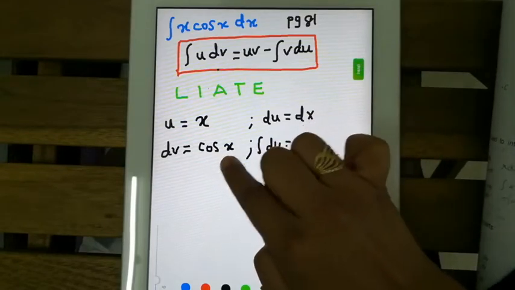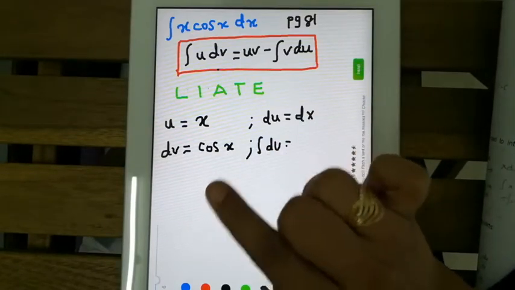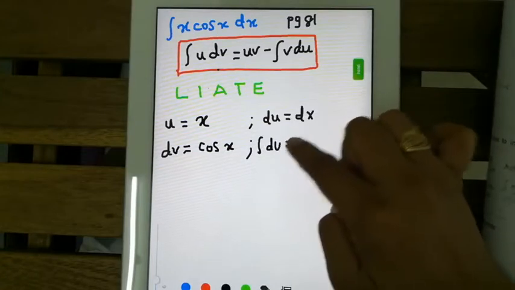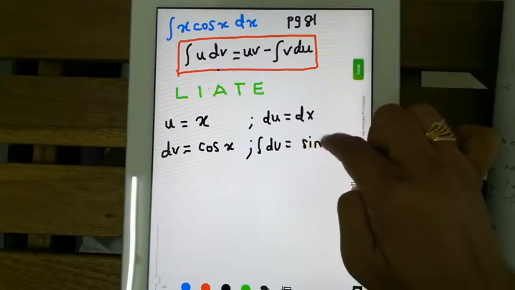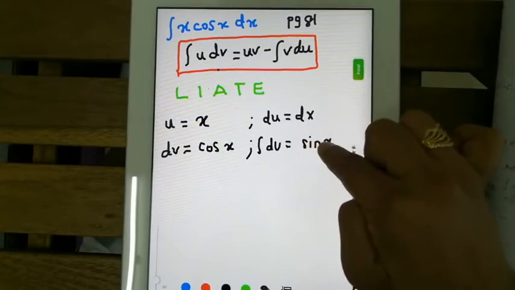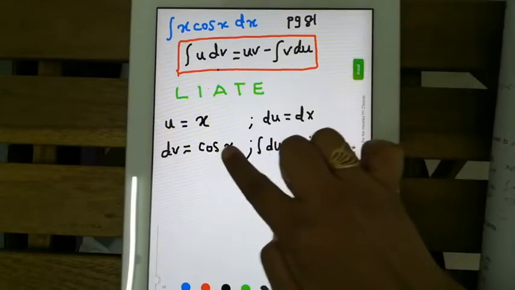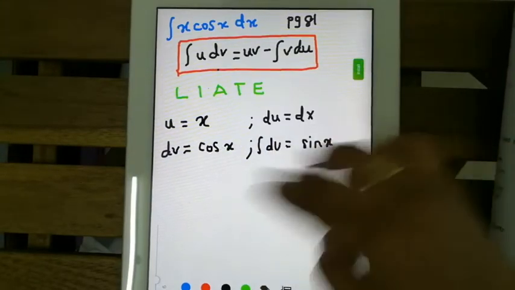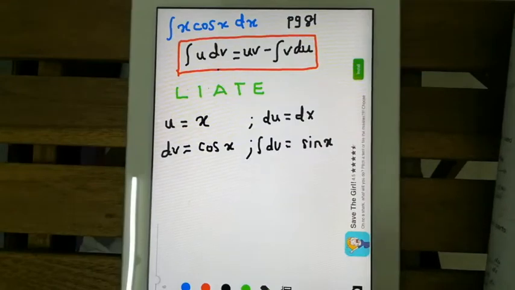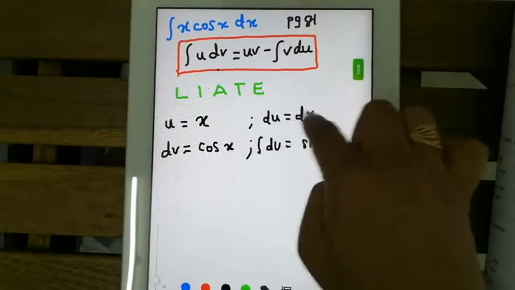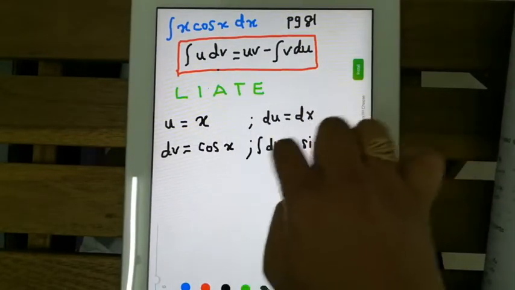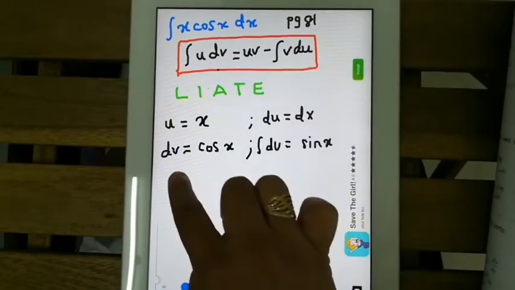You integrate the cos x and you will get sine x, because if you differentiate sine, you get cos. Now if you integrate cos, you get sine. Clear? Now you can plug all these into the formula.